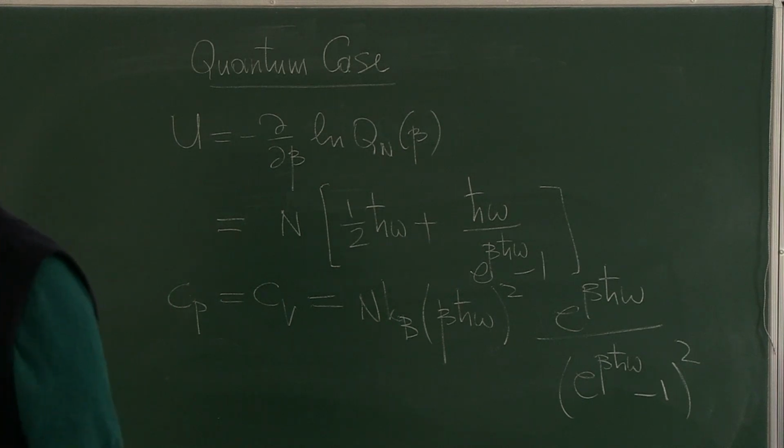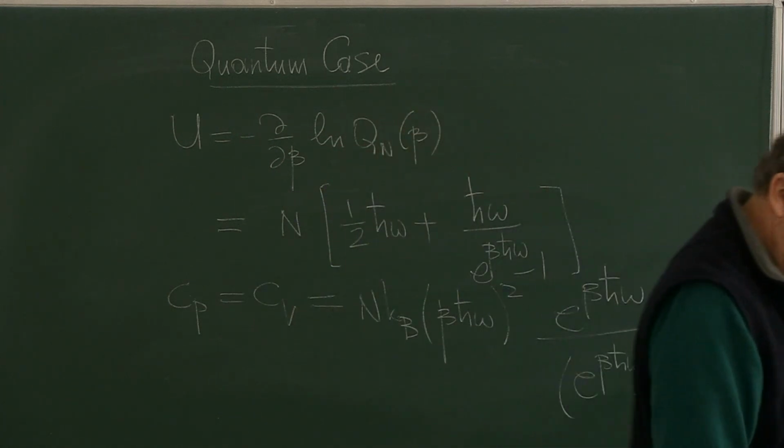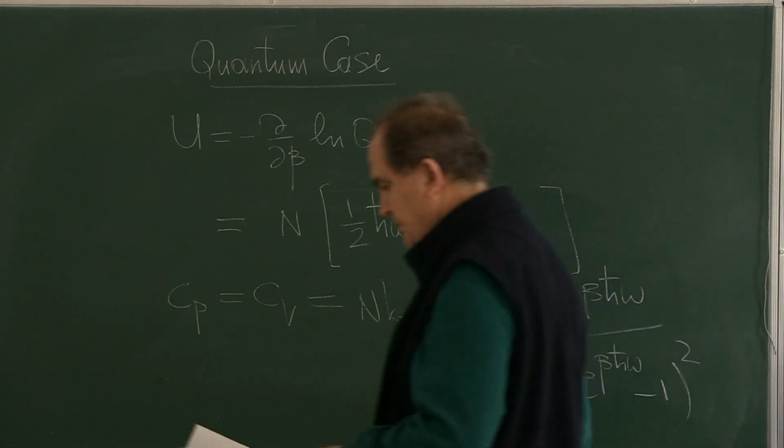Quantum oscillators do not obey the classical equipartition theorem. Now, can we get the classical result from this? That's another question we should ask ourselves. Can we check the classical limit?